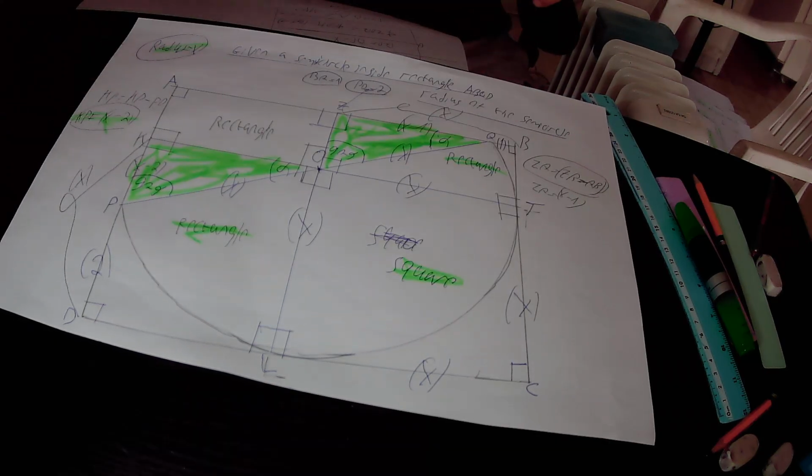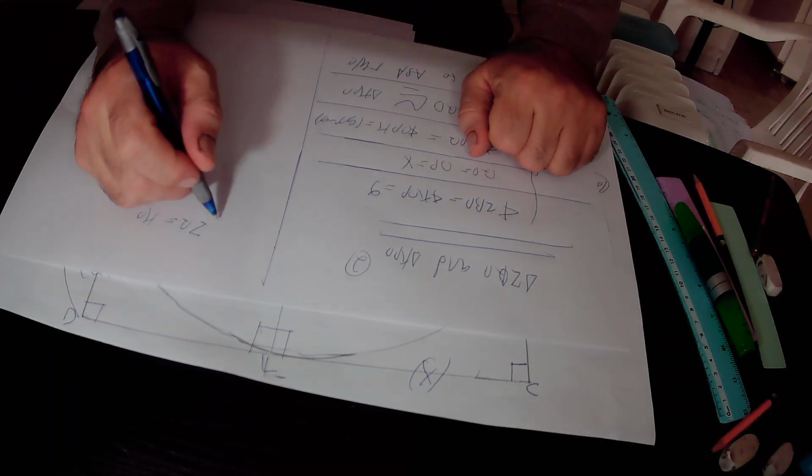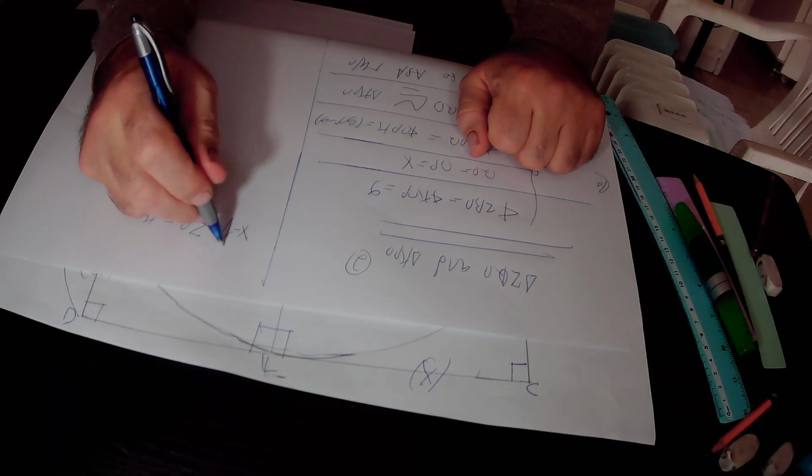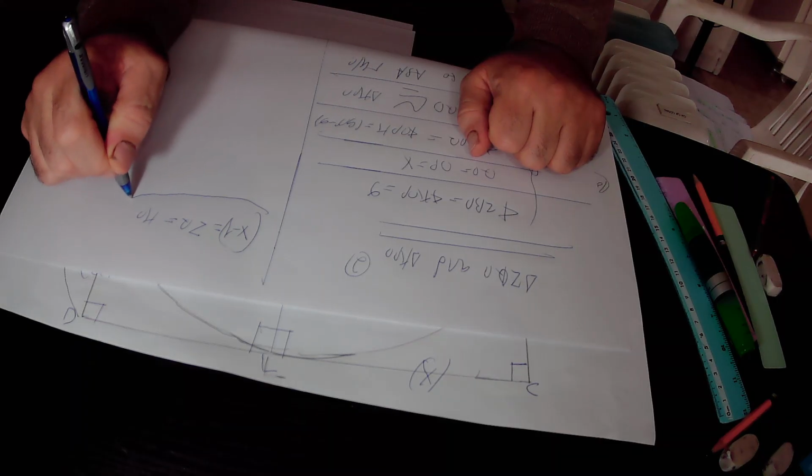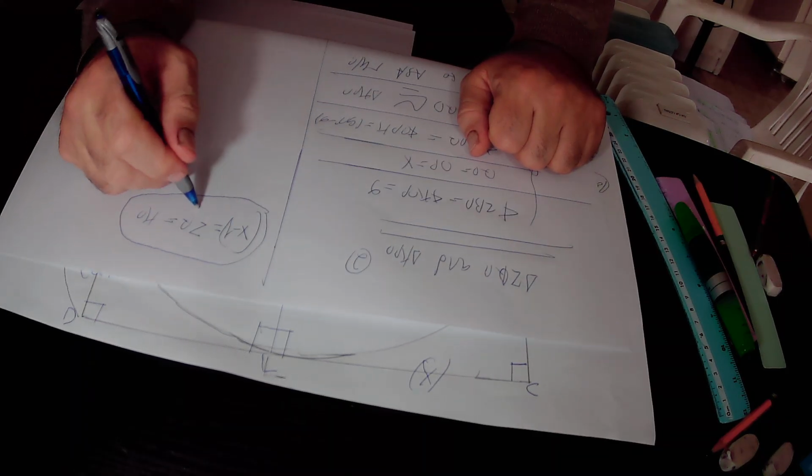But we already found out that ZQ equals X minus 1. So we can write here that ZQ equals X minus 1. And from this equation, X minus 1 equals ZQ equals KO.